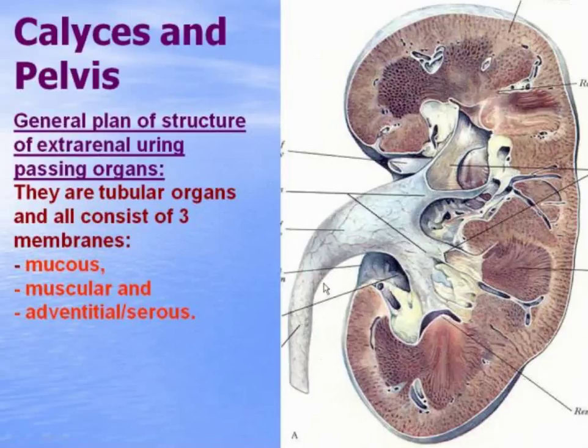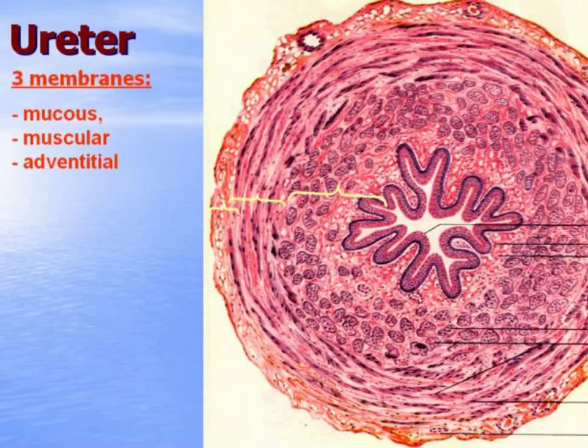All urinary passing organs are tubular and consist of three membranes: mucous, muscular, and adventitial or serous. So the ureter is a typical tubular organ, consisting of three membranes. The mucous membrane is lined with transitional epithelium, with lamina propria, loose connective tissue under the epithelium.